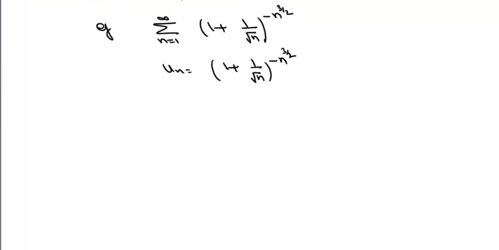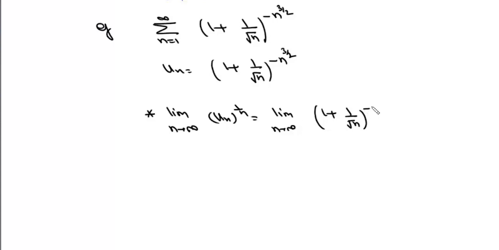Now here we use Cauchy's nth root test. So we are going to find this limit n tends to infinite un to the power 1 by n, which is this limit n tends to infinite 1 plus 1 upon under root n, minus n to the power 3 by 2, to the power 1 by n.